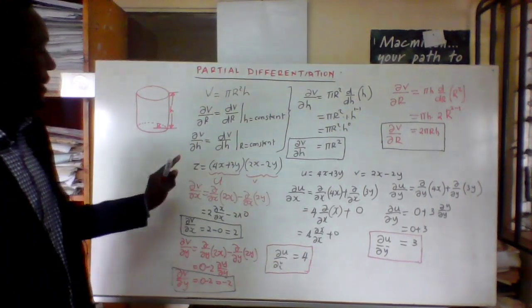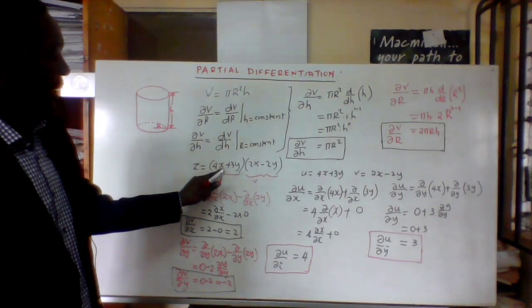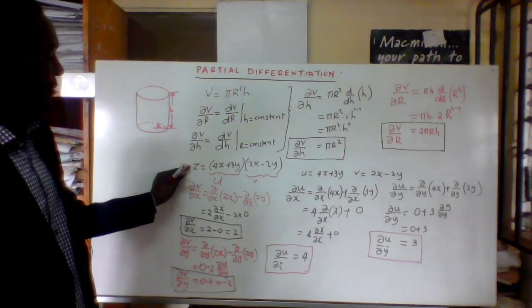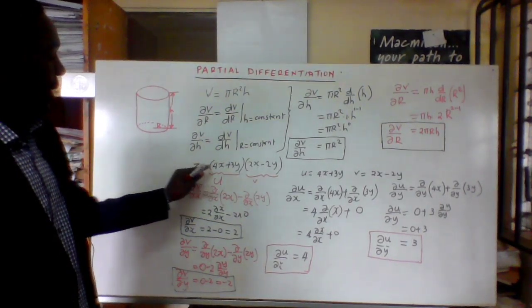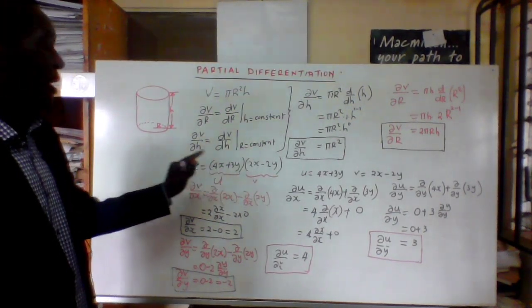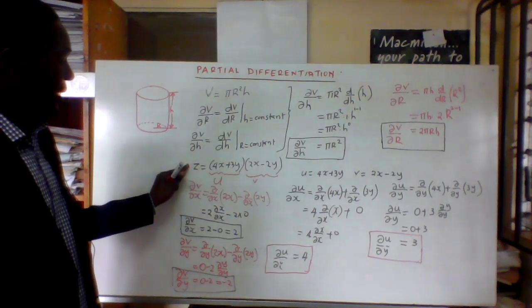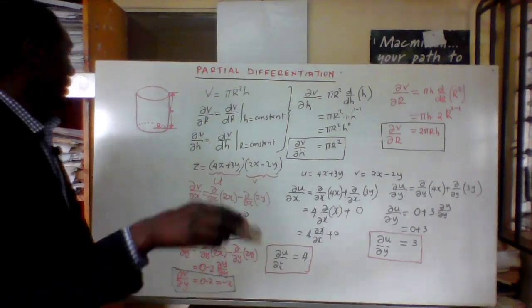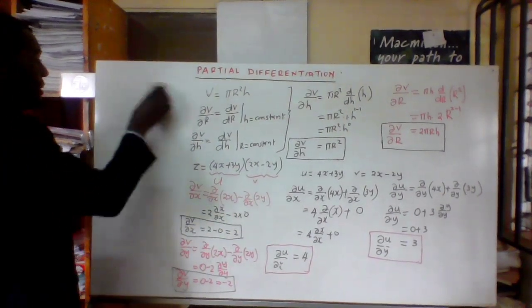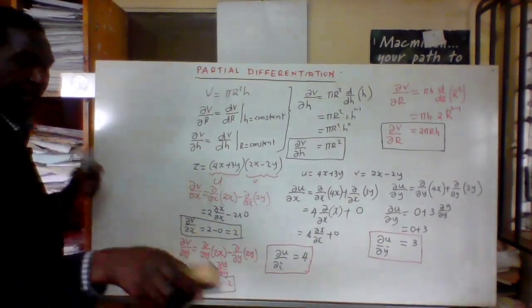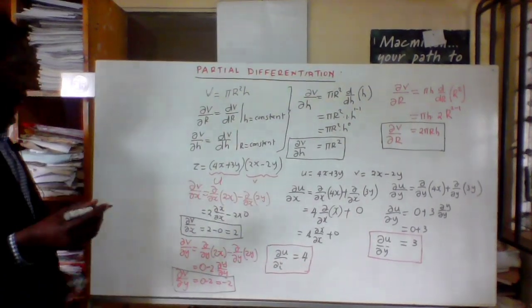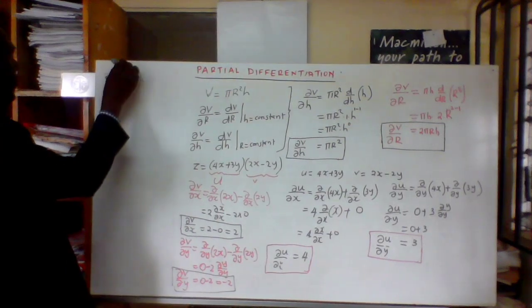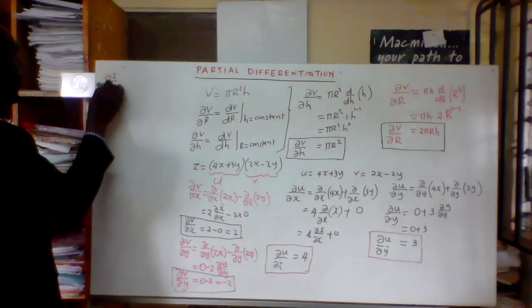Because z depends on both x and y, we can have the partial derivative of z with respect to x. Then we can also have the partial derivative of z with respect to y. So let us write this one here because of space. So let us find the partial derivative of z with respect to x.